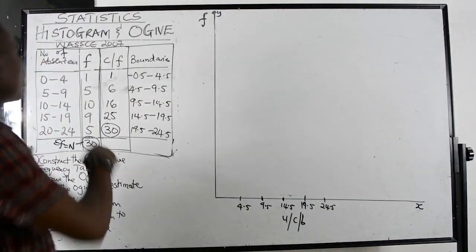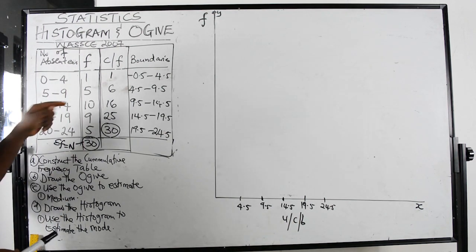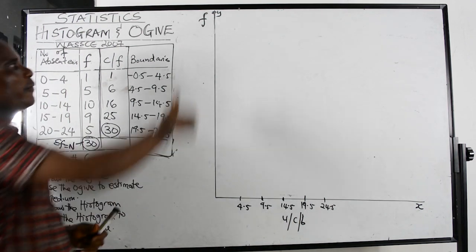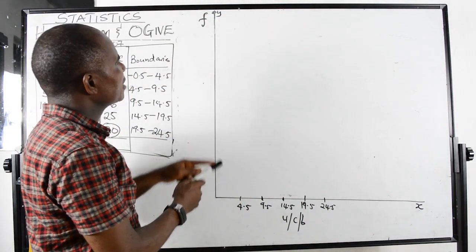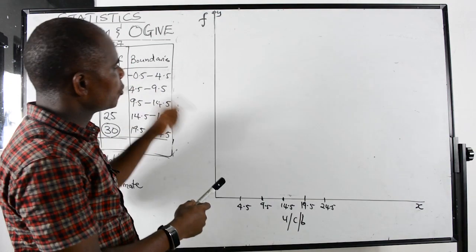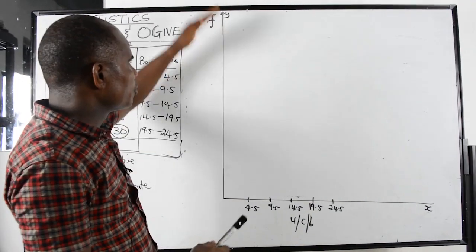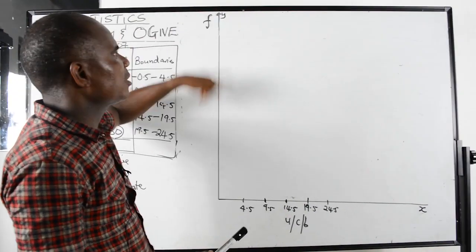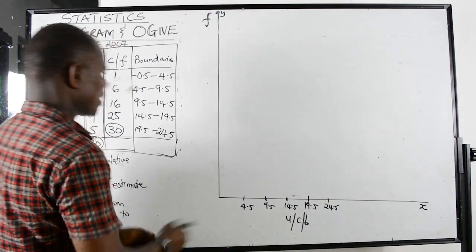So note the difference. I'm going to look at the frequency column. The highest number there is 10. I have 12 boxes on the graph paper, standard graph paper. You have 2 centimeters to whatever unit is there. So you must check. You must make sure you make use of 3/4 of the graph paper. There are 12 boxes on that vertical part of the graph paper, so I can use 10 of them.